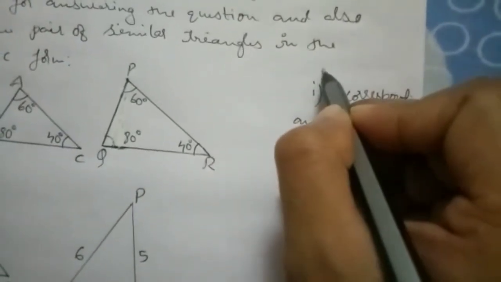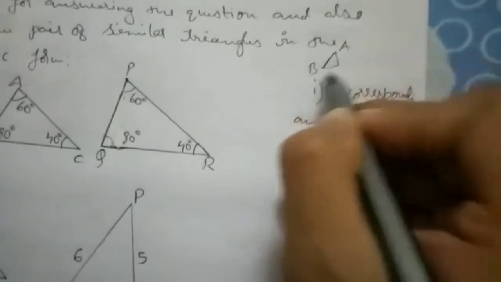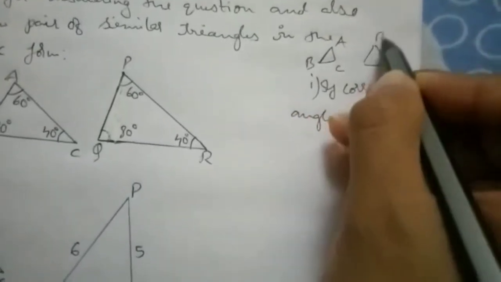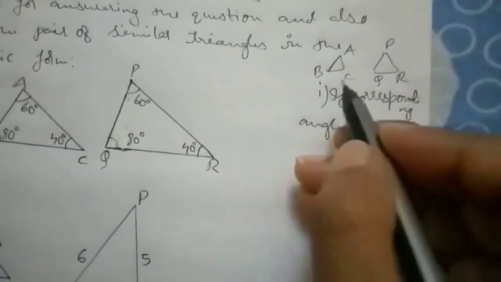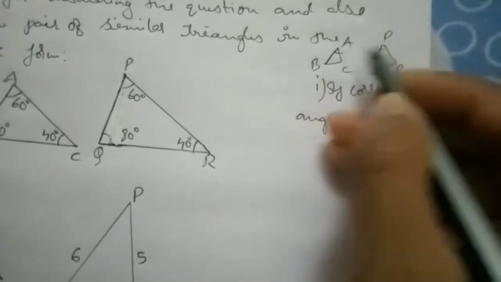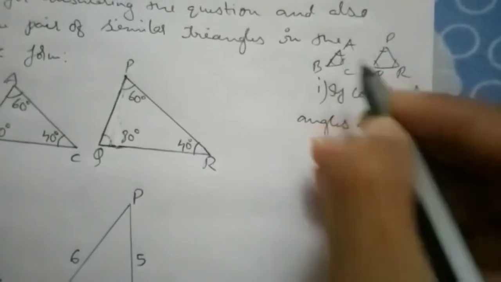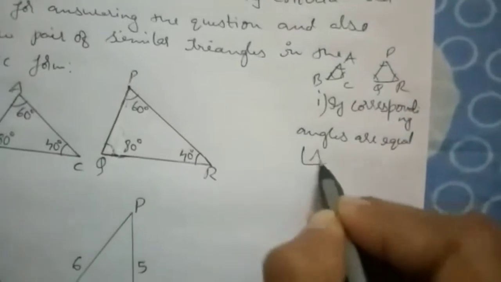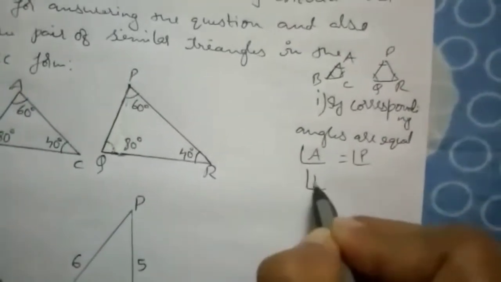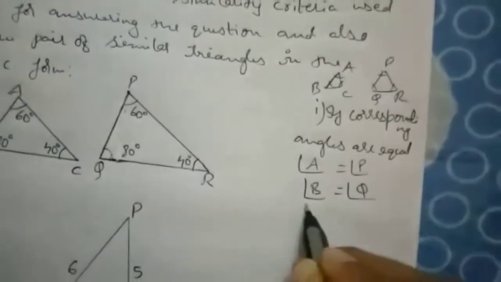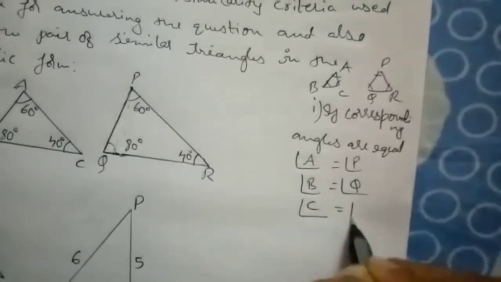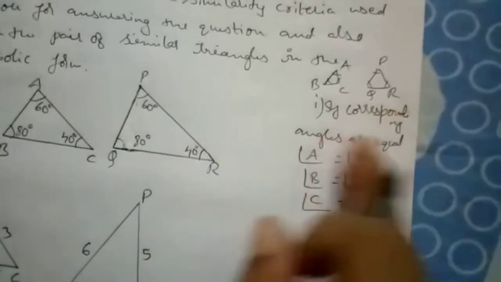If I take two triangles ABC and PQR, the corresponding angles are this and this, this and this. So angle A should be equal to angle P, angle B should be equal to angle Q, and angle C should be equal to angle R. These are the corresponding angles, right?